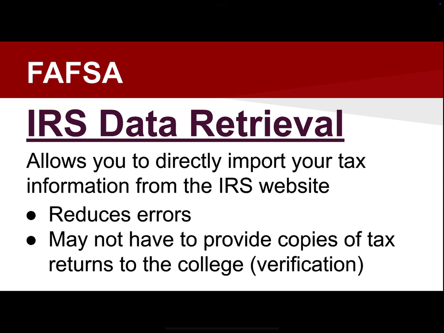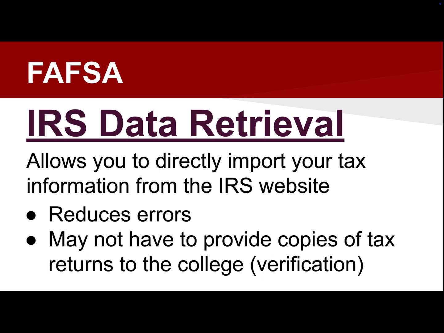There is a tool on the FAFSA form called the IRS Data Retrieval tool that allows you to directly import your tax information from the IRS website. It will reduce errors, and you may not have to provide copies of tax returns to the college. You can use a manual entry method. You can gather up all your information from your parents' tax returns and put that information in manually, but the IRS Data Retrieval tool is preferred.